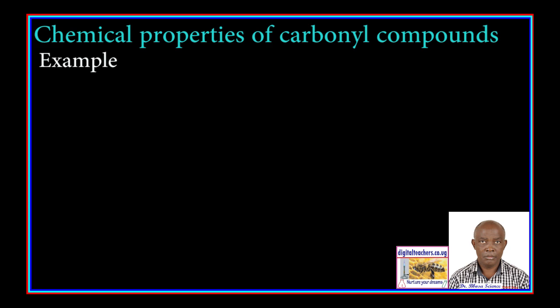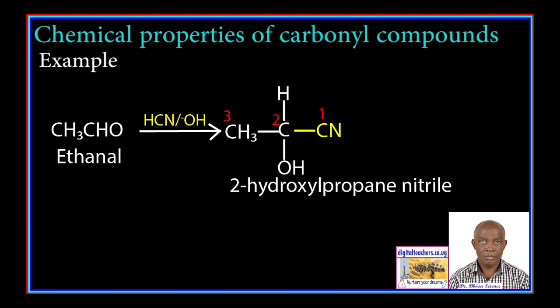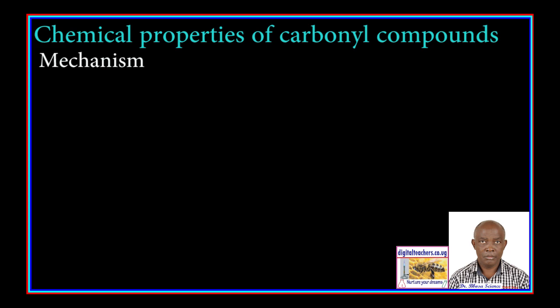For example, ethanal reacts with hydrogen cyanide in the presence of potassium hydroxide to form 2-hydroxypropanenitrile. In the mechanism, hydrogen cyanide reacts with potassium hydroxide to form potassium cyanide and water.